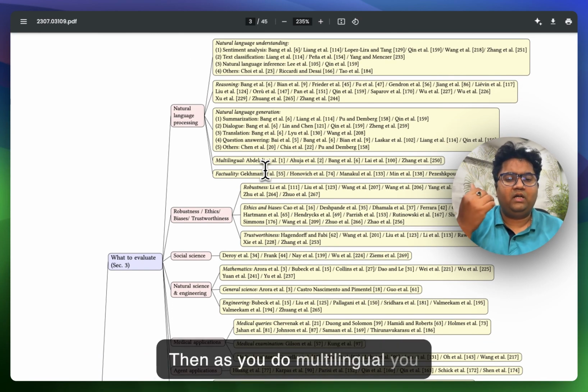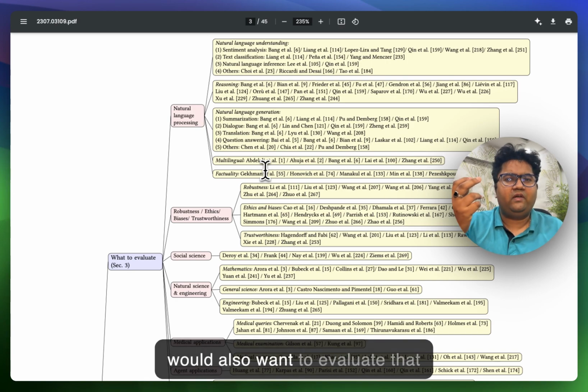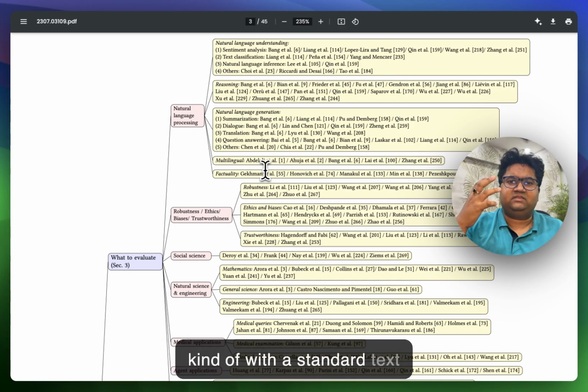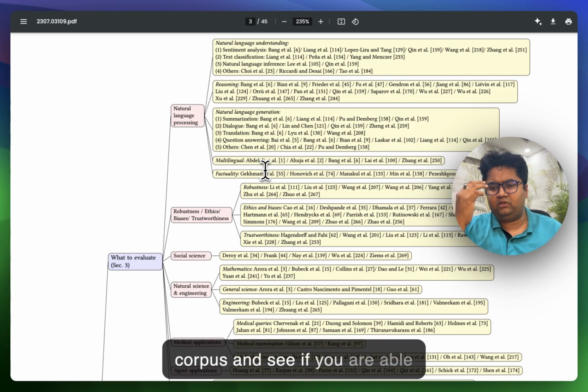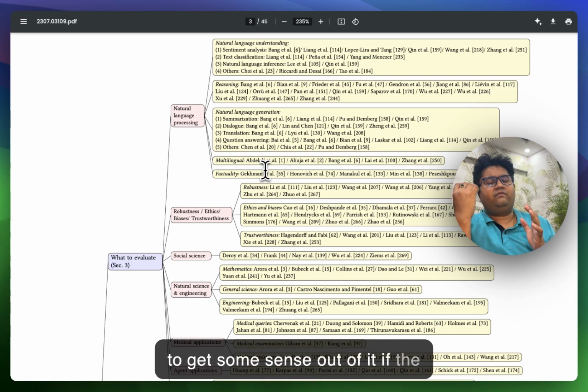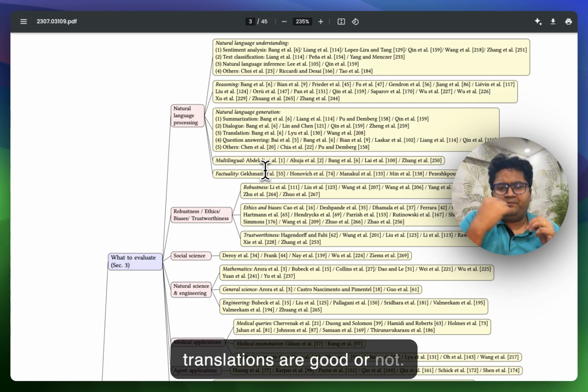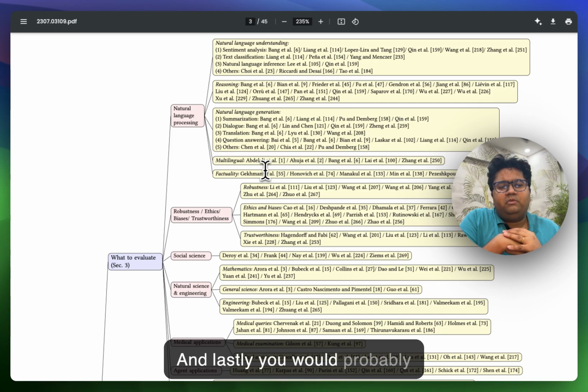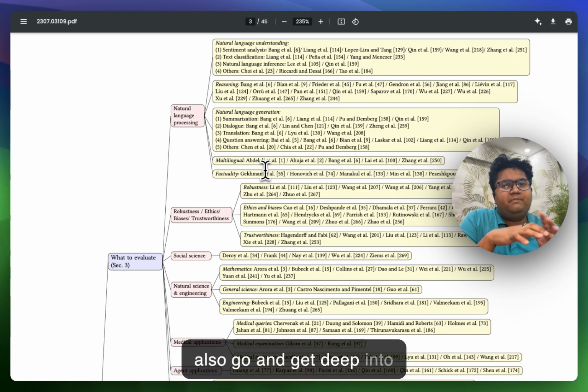Then as you go multilingual, you would also want to evaluate that with a standard text corpus and see if you are able to get some sense out of it, if the translations are good or not.